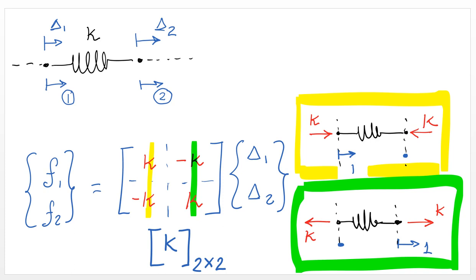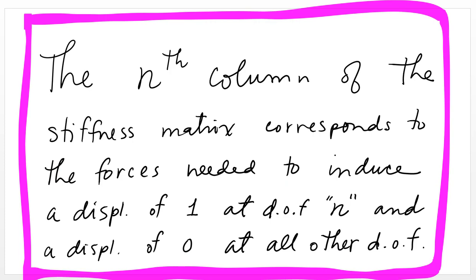So what we're looking for is a 2 by 2 stiffness matrix that relates the 2 displacements to the 2 forces that have to be applied at the 2 ends. Now how do we do that? We do that by using this definition.